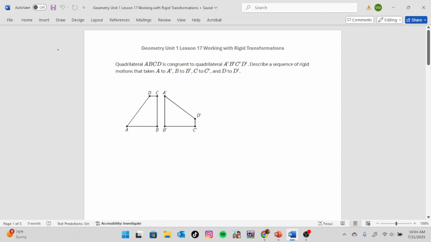So, the first thing we can do is we can use a directed line segment to go from B to B prime.